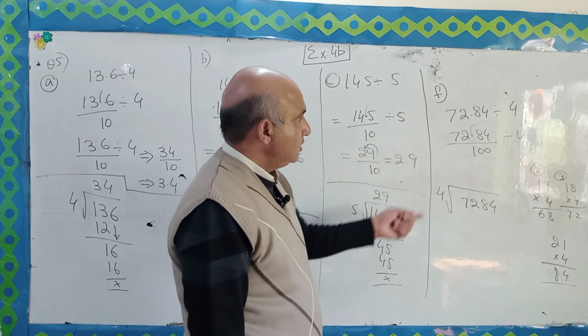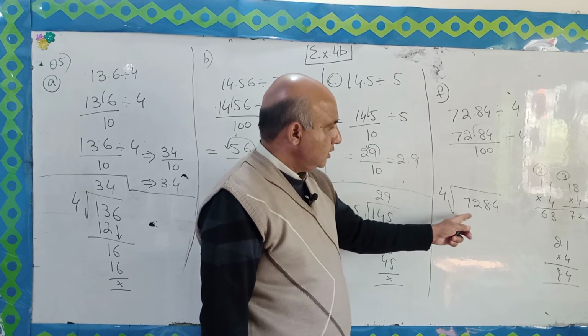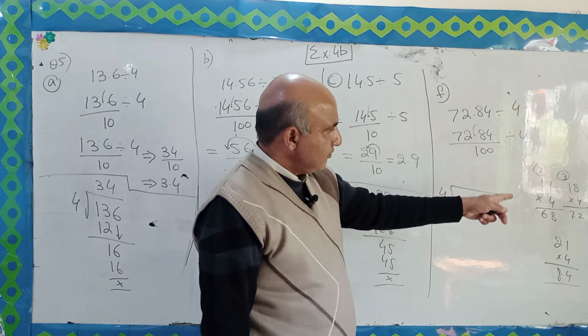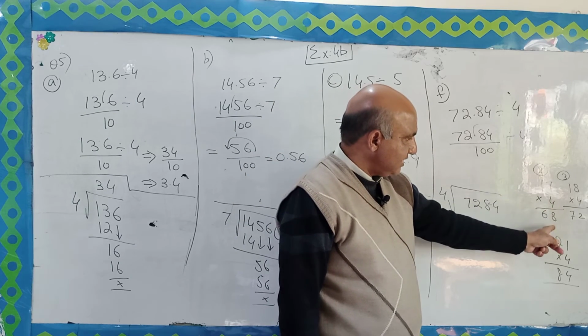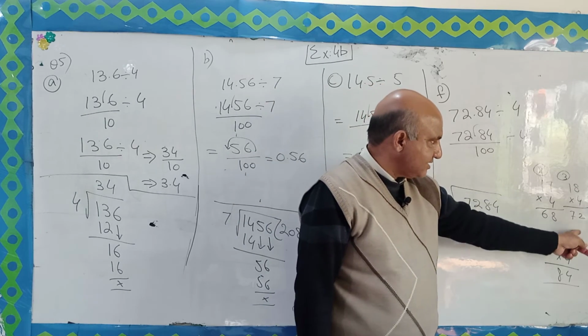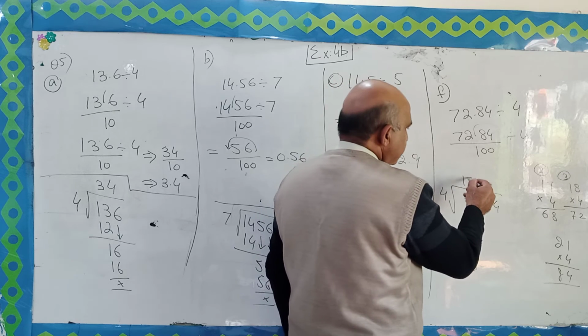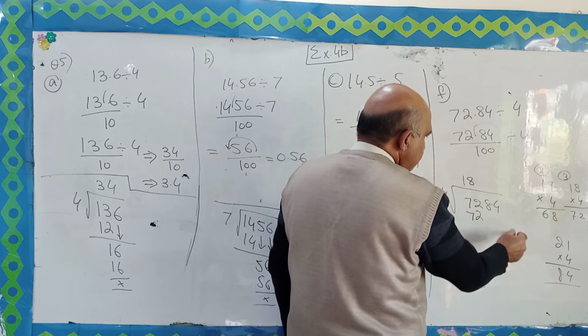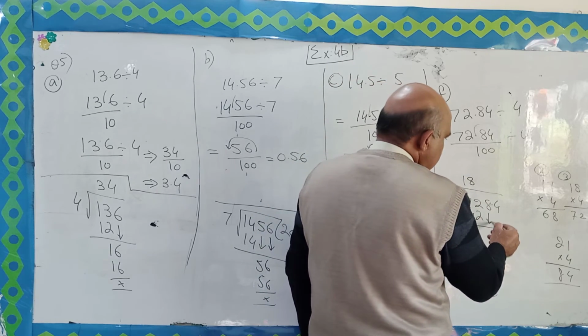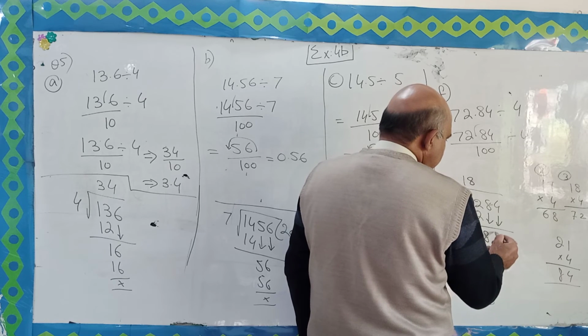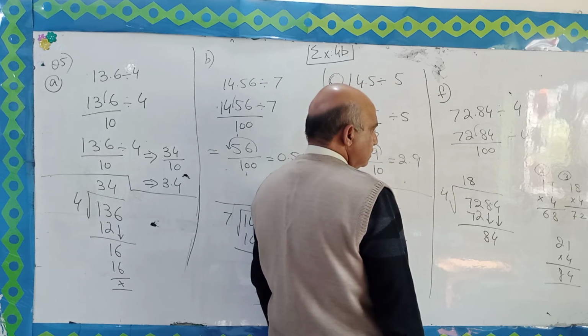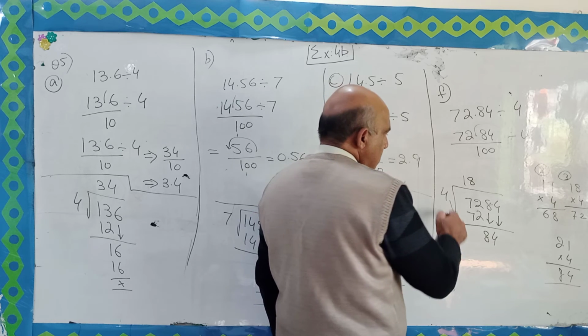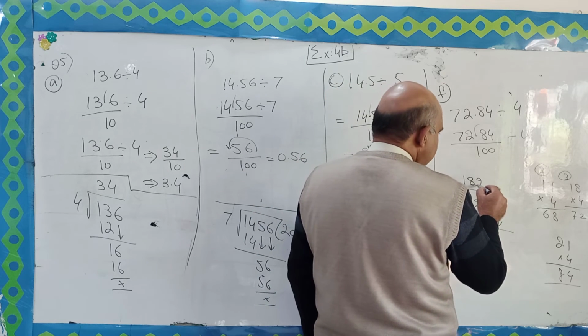Okay, here we have divided by 4. 4 17s are 68 and 4 18s are 72. So we write here 18, this is 72, and here we bring down 8 and 4. So what we'll do is that 4 2s are 8.